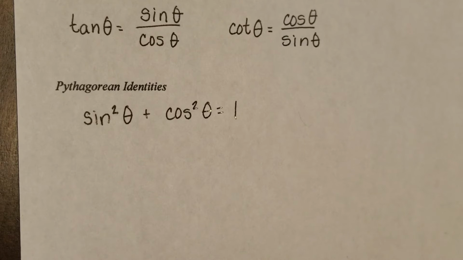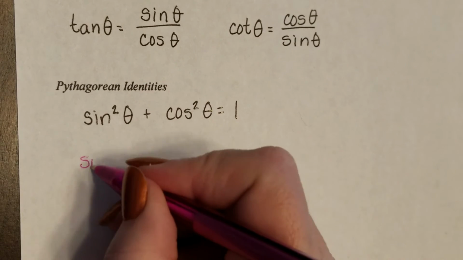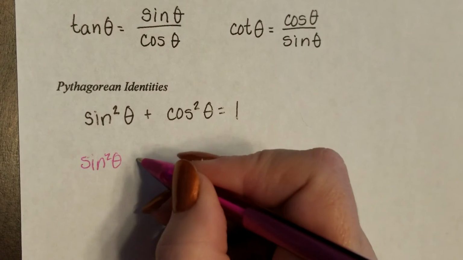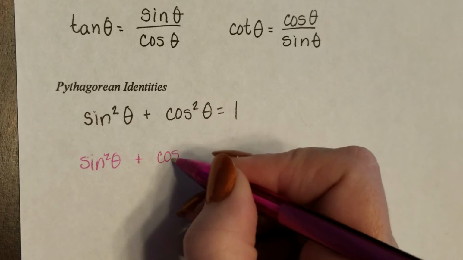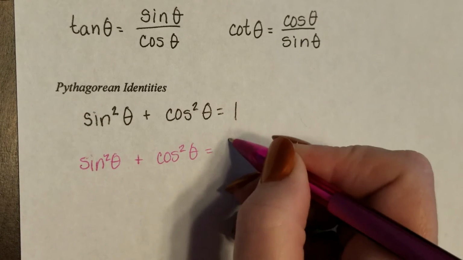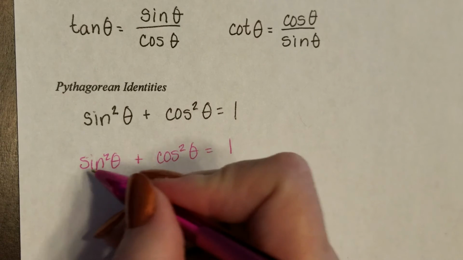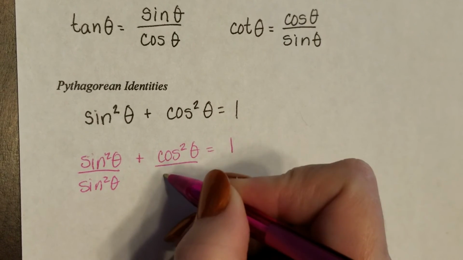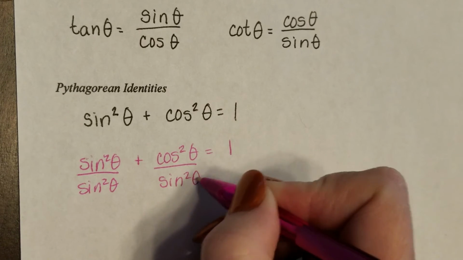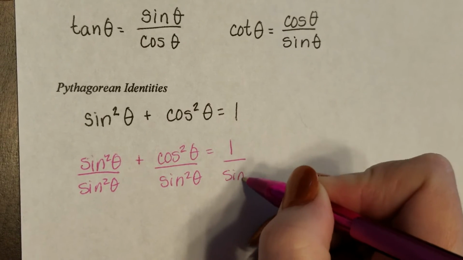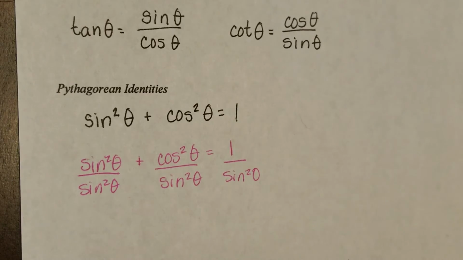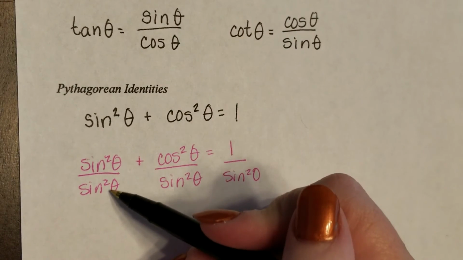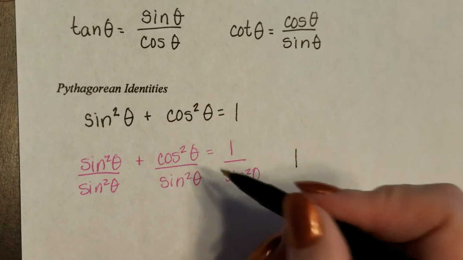If I were to take that same thing, sine squared theta plus cosine squared theta equals 1, and I divide that by sine squared theta in every term, sine squared theta divided by sine squared theta is 1.